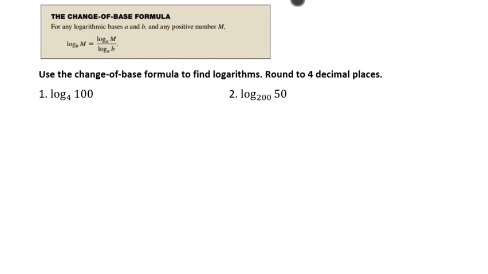So it's basically the log of the big number divided by the log of the base. So then this equals log of 100 divided by log of 4. This equals log of 50 divided by log of 200.